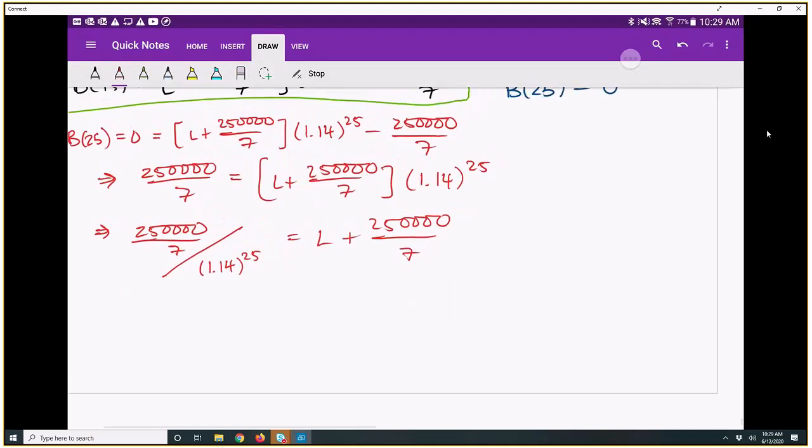And then I'll subtract 250,000 over 7 from both sides. So I'd end up with something like L is equal to 250,000 times 1 minus 1.14 to the power 25, all of that divided by 7 times 1.14 to the power 25.